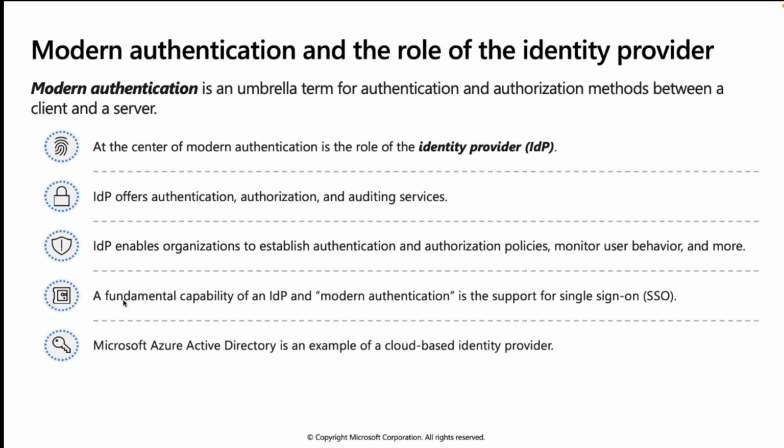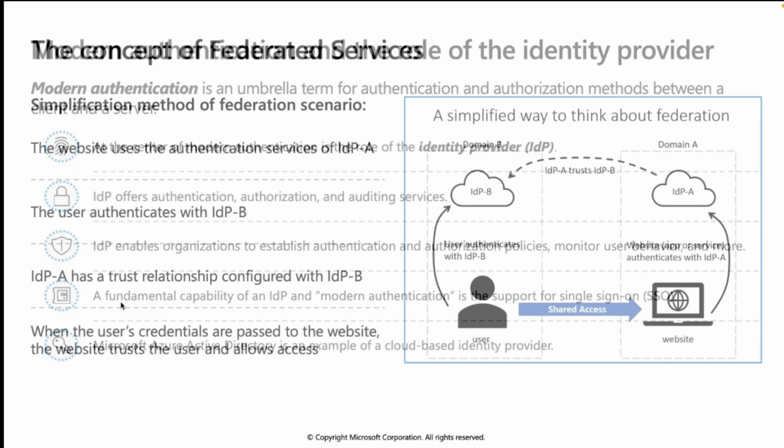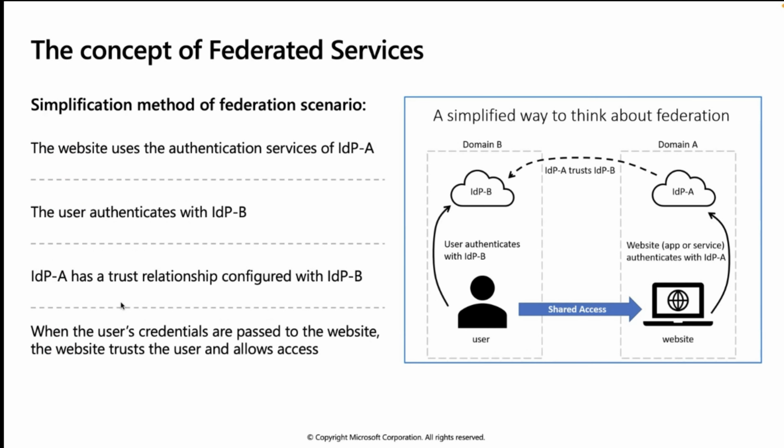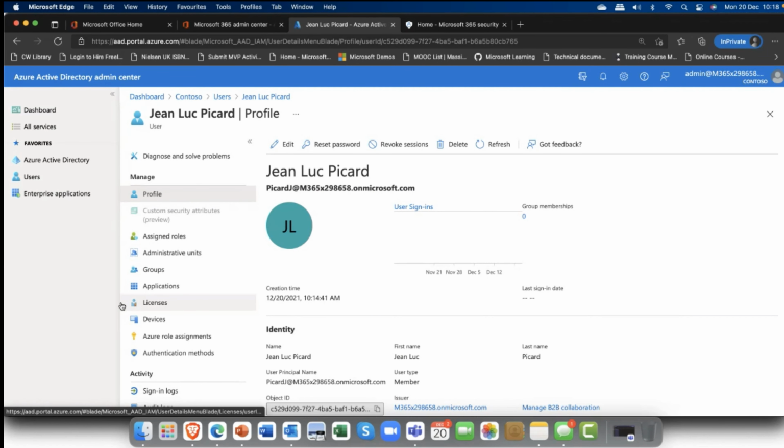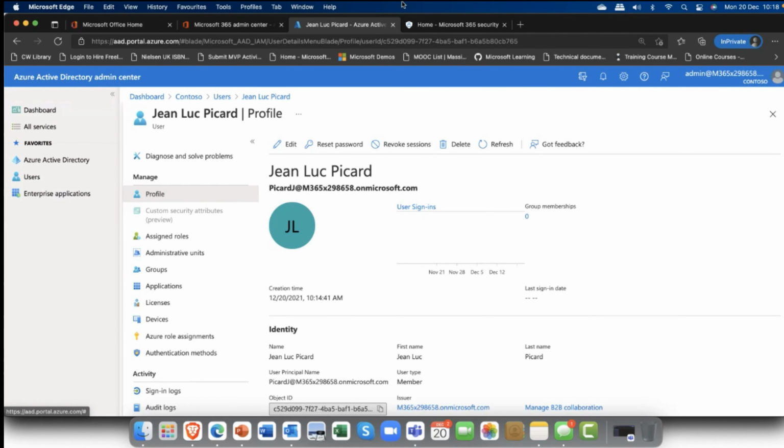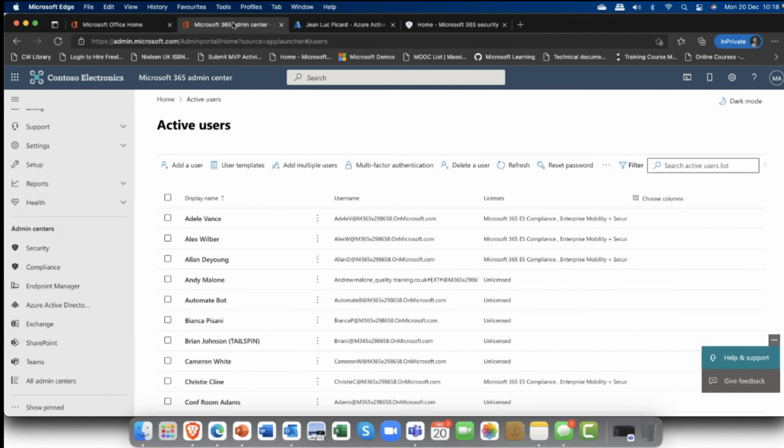Now, there's a protocol that helps with modern authentication. So what we mean by modern authentication, let me show you. Basic authentication is just a username and password. So I just set up a username and password for Jean-Luc.